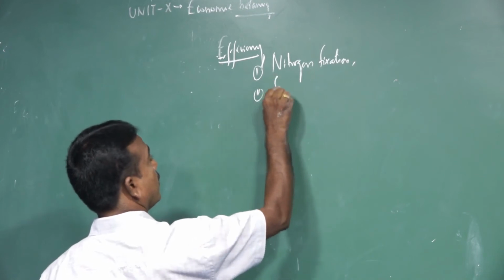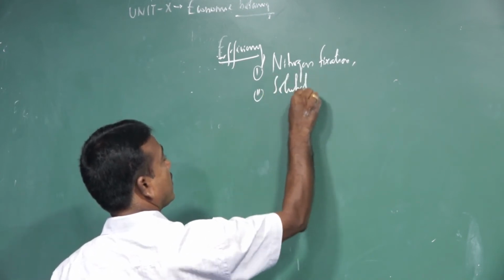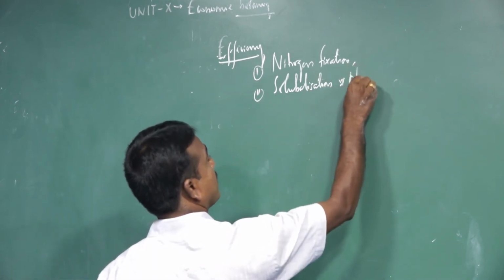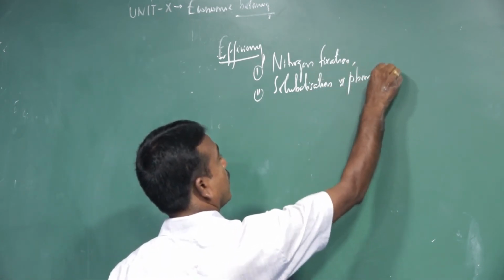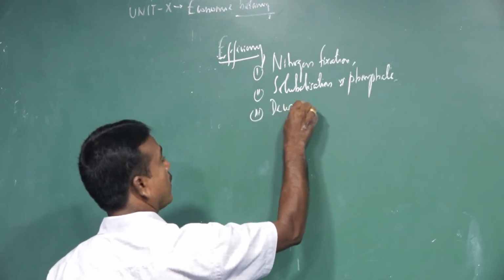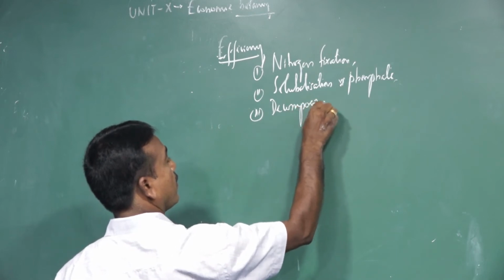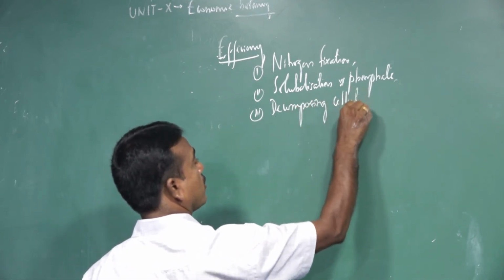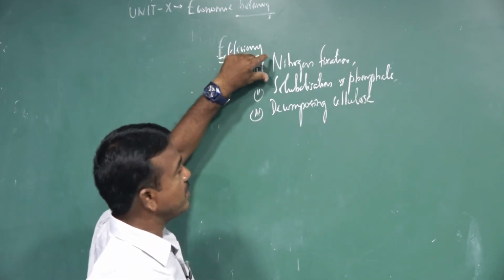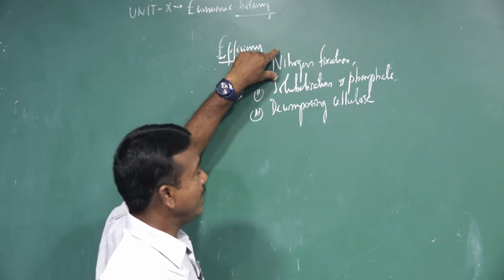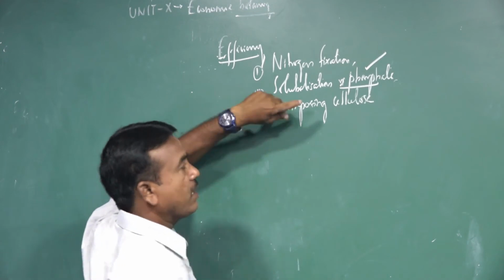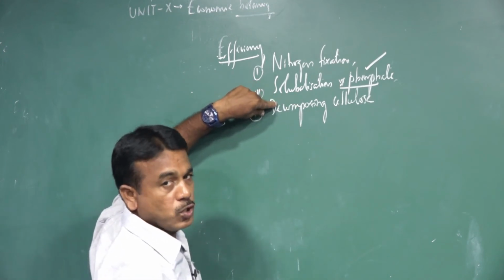Second, solubilization of phosphate. Third, decomposing cellulose. So what are the roles or efficiencies present in biofertilizer? Nitrogen fixation, solubilization, or making phosphate soluble, and decomposing cellulose.